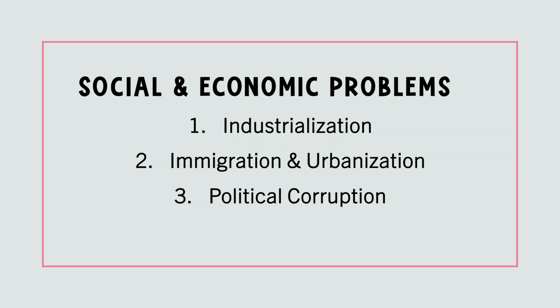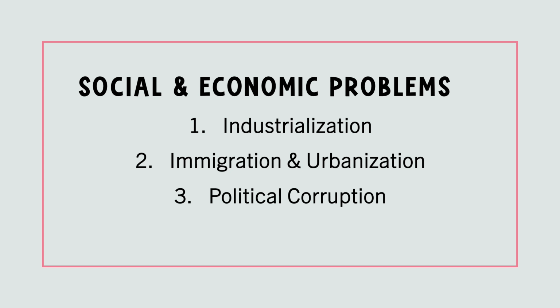If you'll recall, the problems facing Americans largely fell into 3 distinct categories. First and foremost, industrialization led to many problems for the everyday American. While the leaders of industry were getting rich, most everyone else was struggling with low wages, long work hours, and dangerous working conditions.